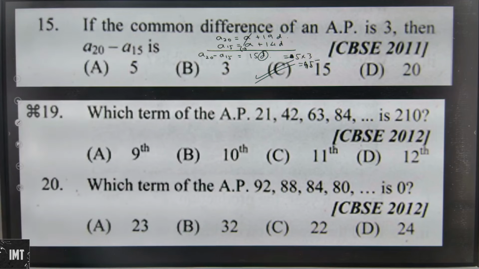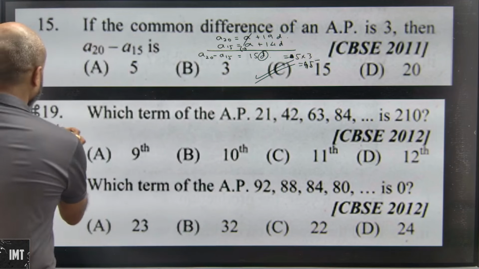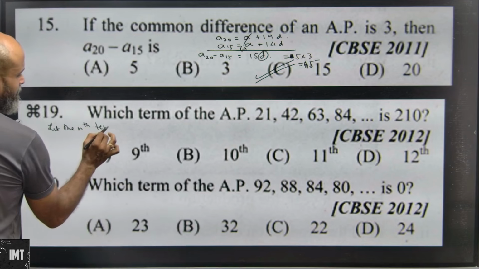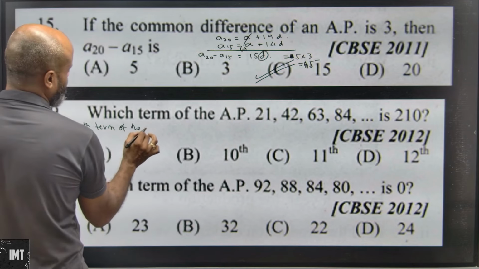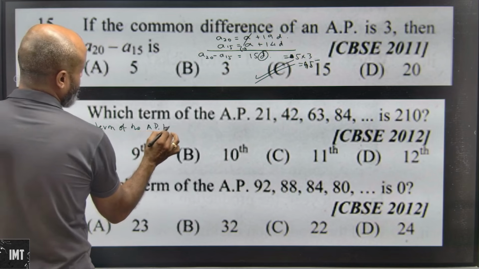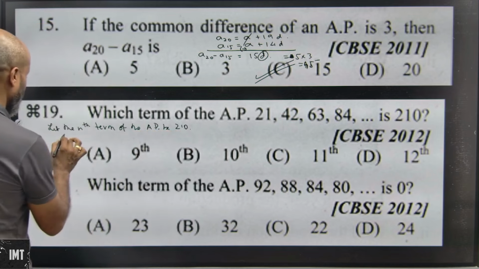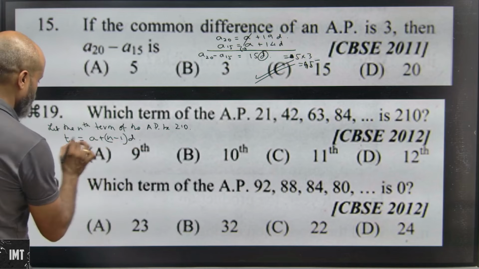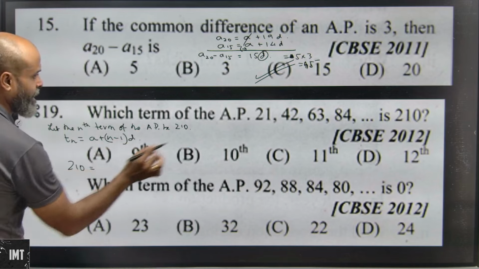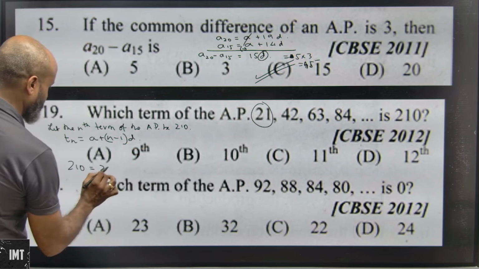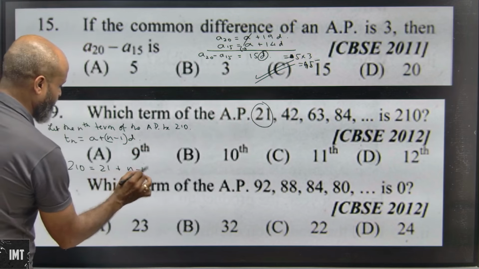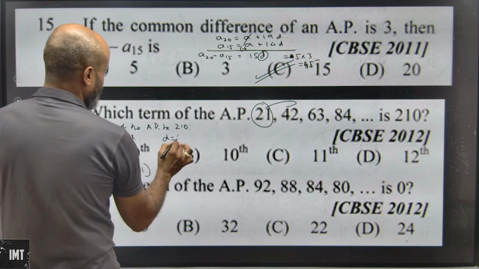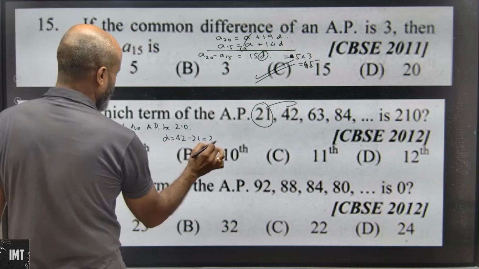Which term of the AP is 210? So let the nth term of the AP be 210. So we can say Tn is equal to A plus n minus 1 into D. So 210 is equal to A, A is 21, plus n minus 1 into D. D is 42 minus 21, that is 21.